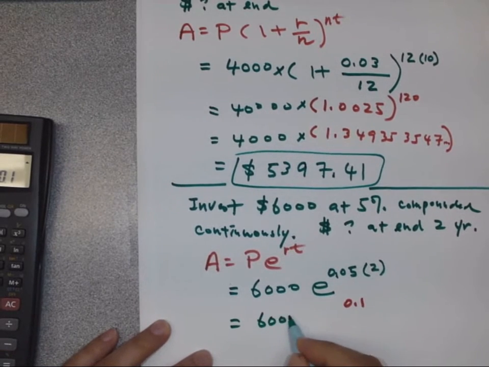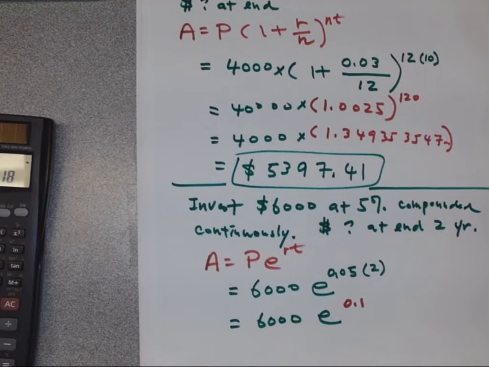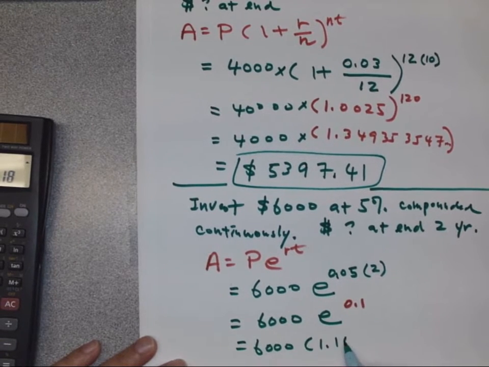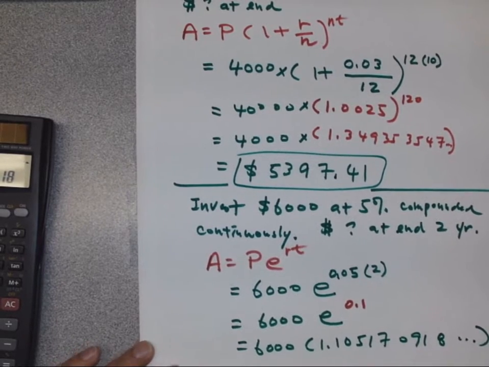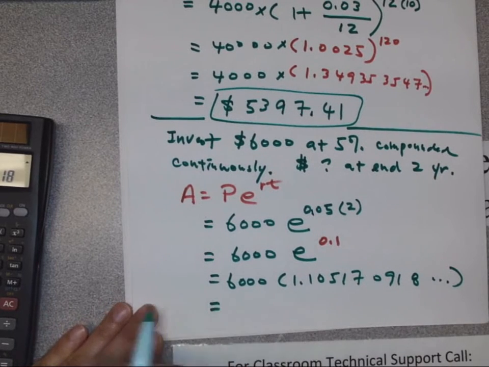And 6,000 e to that. So make sure you know how to plug it into the calculator. And don't round your answer until the very last step. If you are able to do it in one step on the calculator, that would be fine.